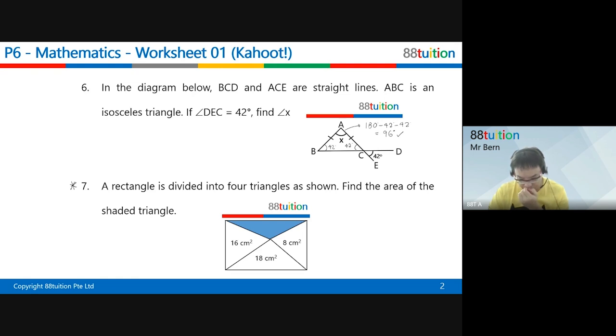Sixteen plus 8. 18 plus question mark. Okay, interesting. The rest can try. Give it a shot.